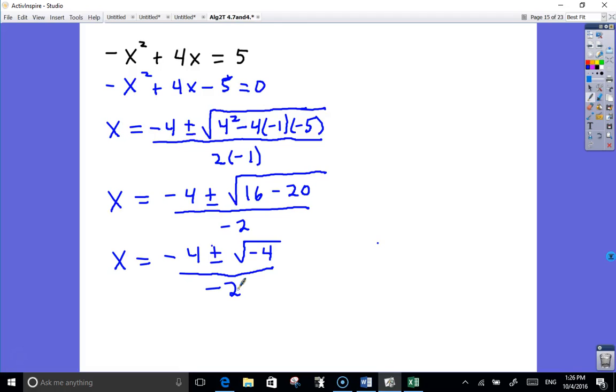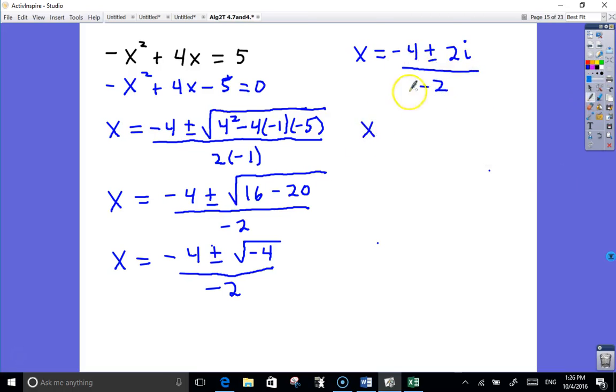Okay, now what kind of answers are we going to get? Imaginary, because we're taking the square root of a negative number. They're going to be imaginary. What is the square root of negative 4? Negative 4 plus or minus 2i, divided by negative 2.